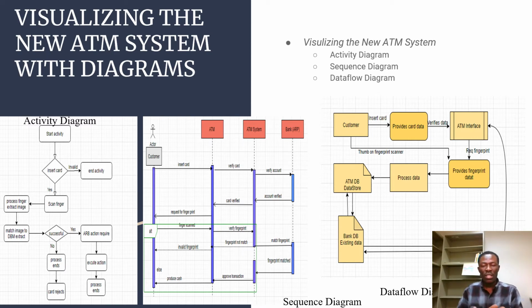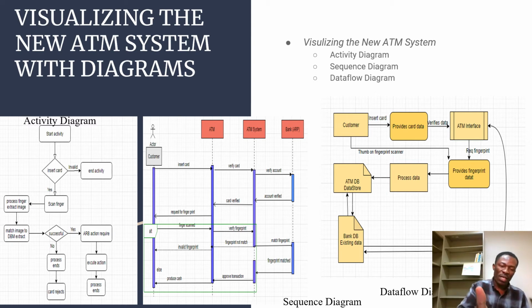And then all the solid arrows that are moving towards the customer side from the bank are all feedbacks. And interestingly, we have what we call alternative. So the alternative is what happens when an action fails, else the process continues.